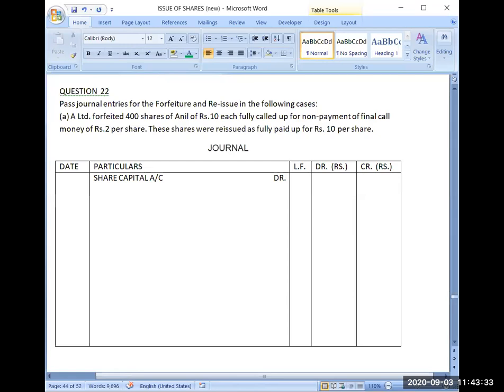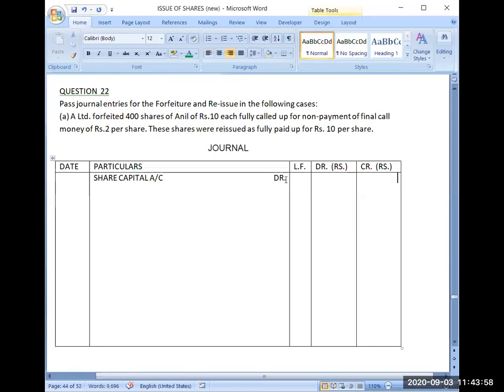For non-payment of final call money of rupees 2 per share. So only the final call is not paid. That also signifies that your share is fully called up. However, it is specifically mentioned in the question that your share is fully called up. But even with the help of the final call, we can decide that this share is fully called up.